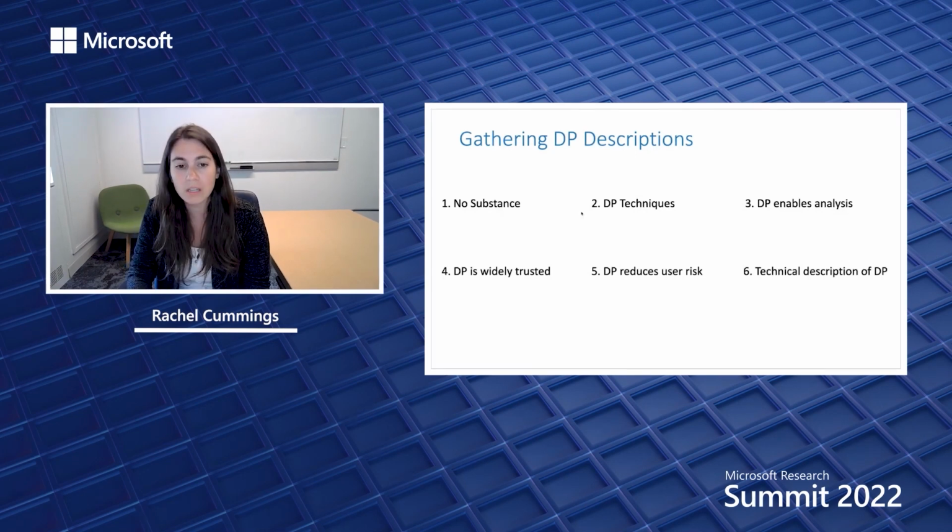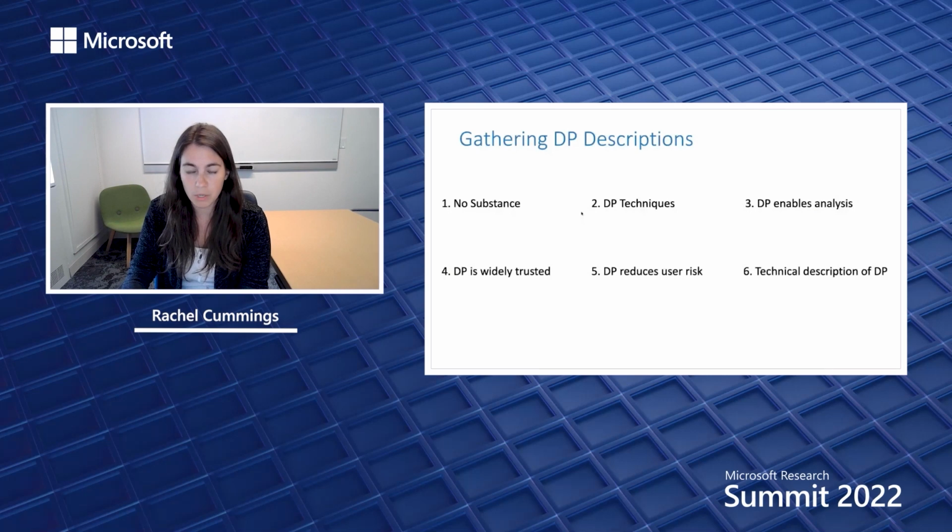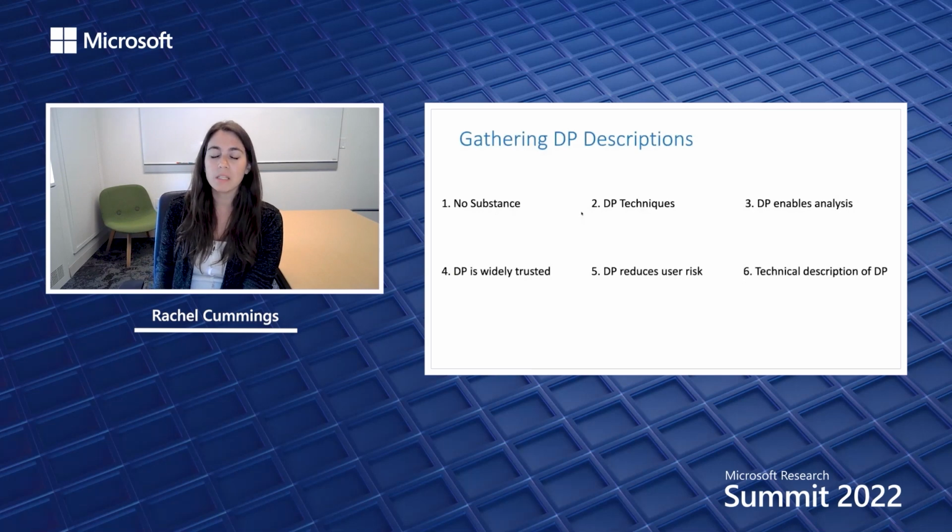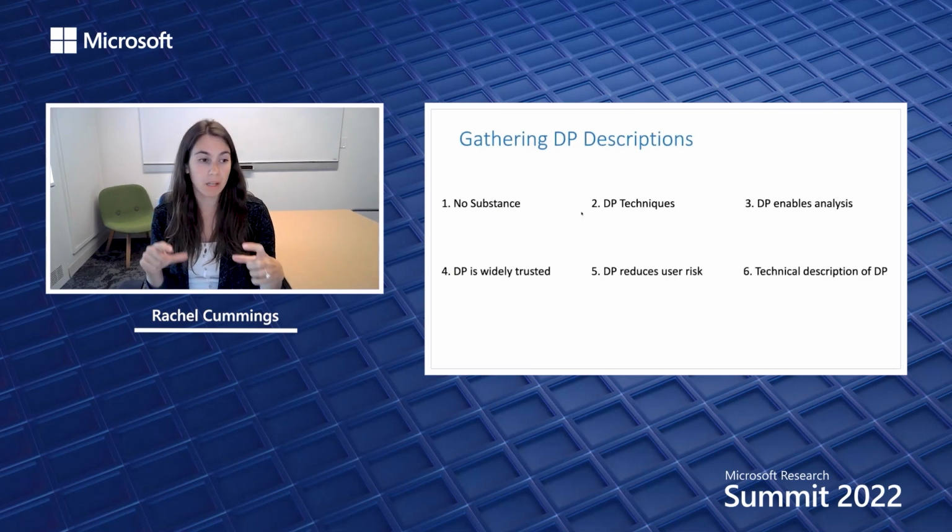And the fifth one talked about the type of risk to the user that was reduced through the use of DP tools. And the final one is one you probably don't in fact want to put on a billboard, but was a direct quote out of an academic paper on differential privacy.